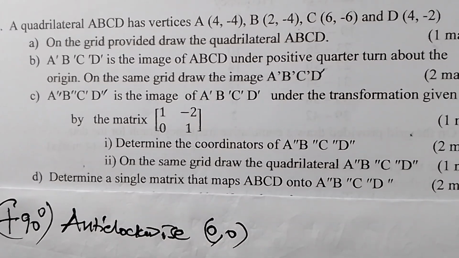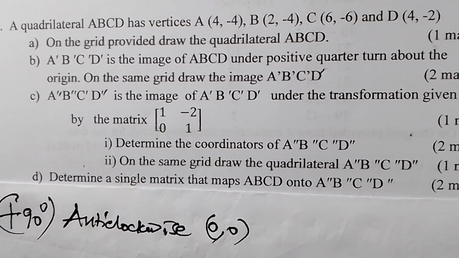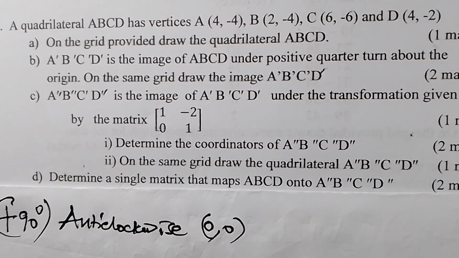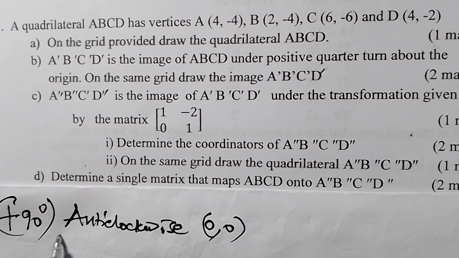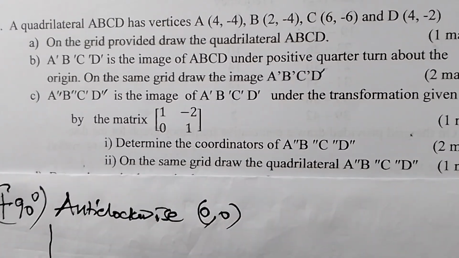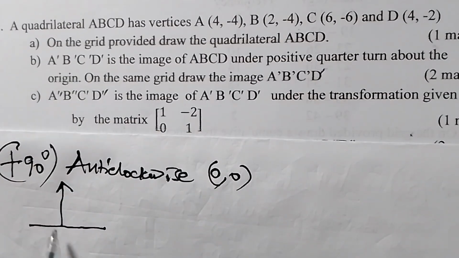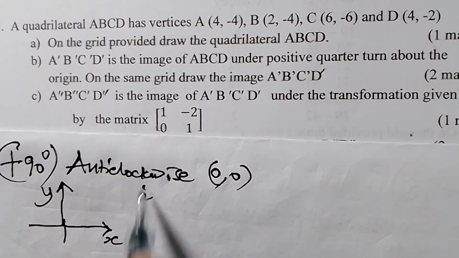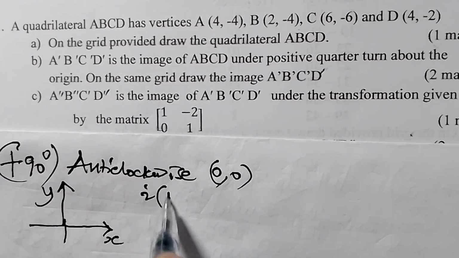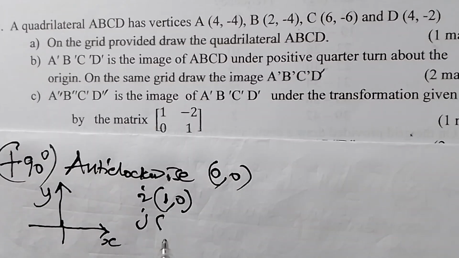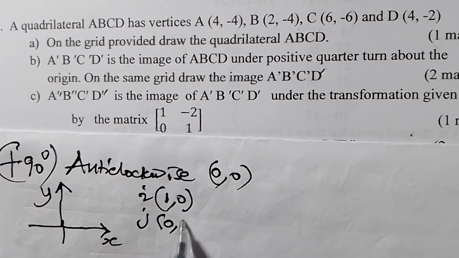So to get our matrix of transformation, we are going to use the points I and J of the unit square. If you have the Cartesian plane, with the y-axis and the x-axis, the point I is normally given by the coordinate (1, 0), and the point J is normally given by the coordinate (0, 1).